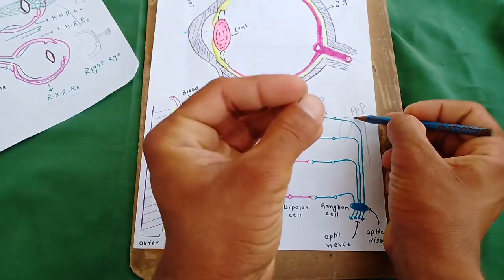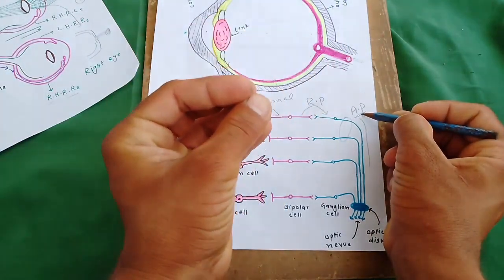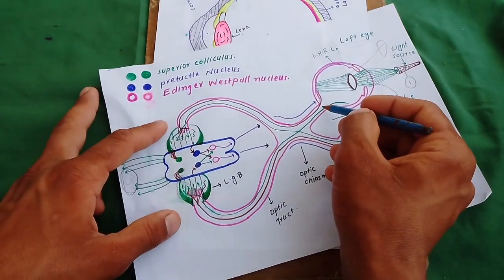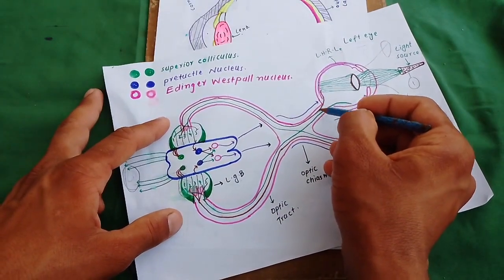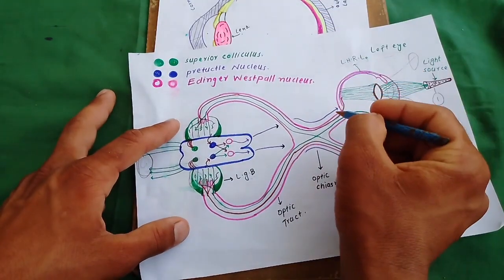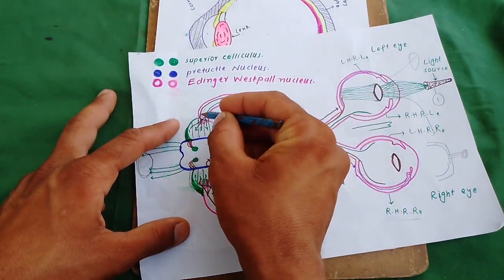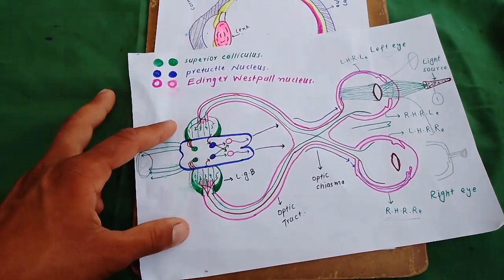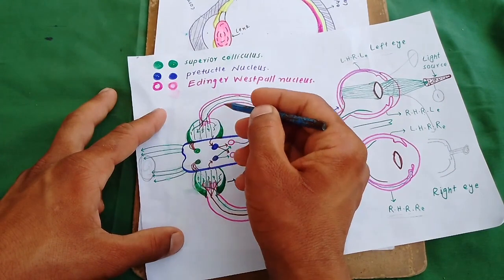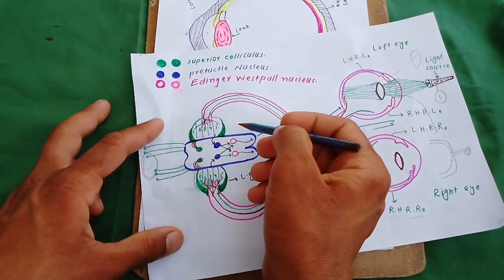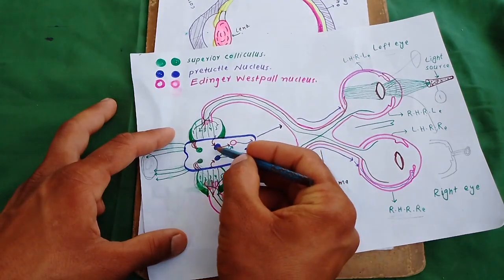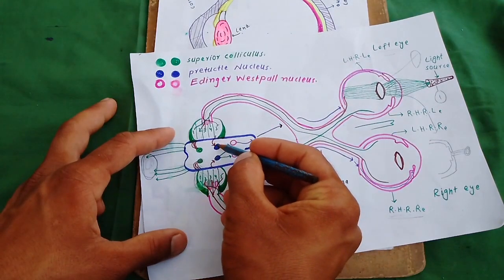This specific action potential produced in the ganglion cell is carried to this point, the lateral geniculate body. There this fiber carrying the specific action potential goes to the pretectal nucleus.